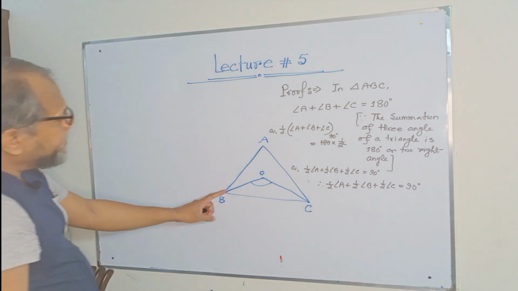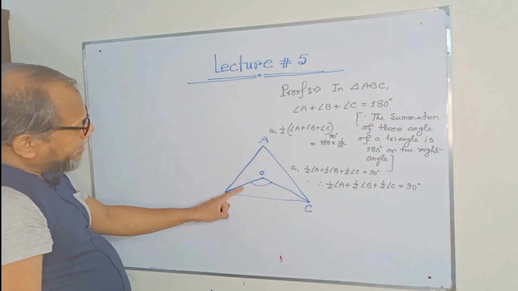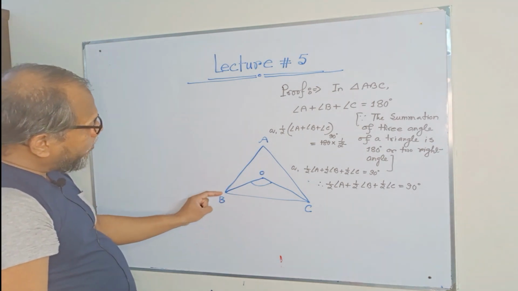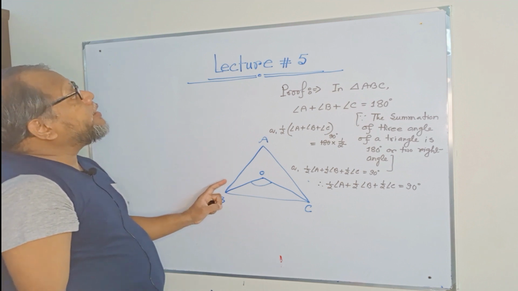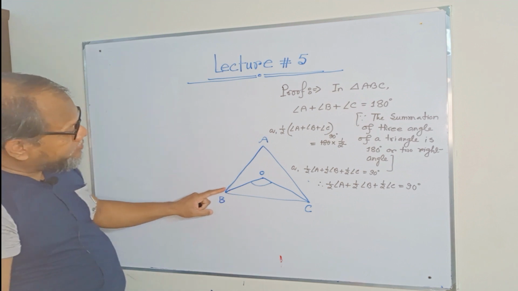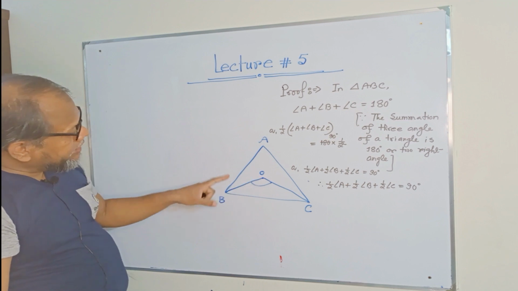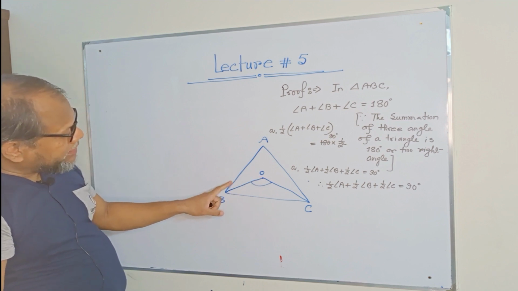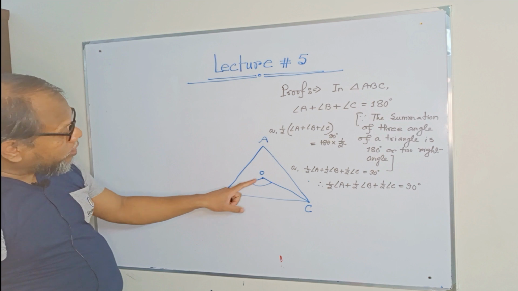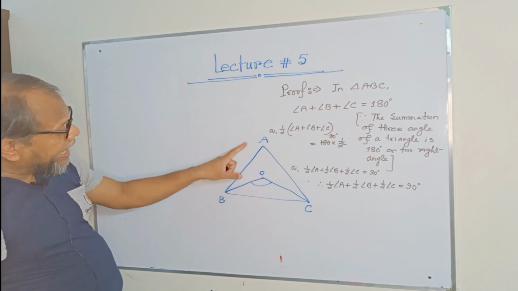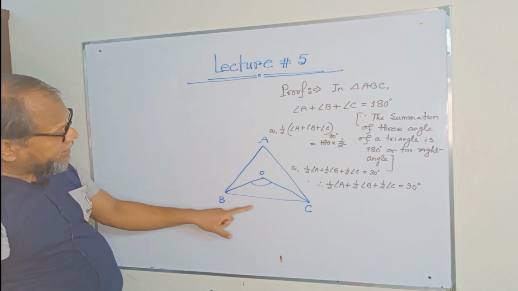Now, BO is the bisector of angle B. So, in my lecture 4, I have mentioned that BO straight line equally divides angle B into two parts. So, one part is OBA, another part is OBC.